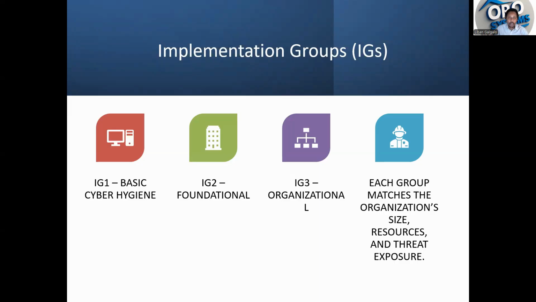And the third one is organizational, or high level, which is mostly for enterprise. This level depends on what kind of company can use it: the small company, middle company, big company. Each group matches the organizational size, resources, and threat exposure. That's why it's really important and really outstanding.